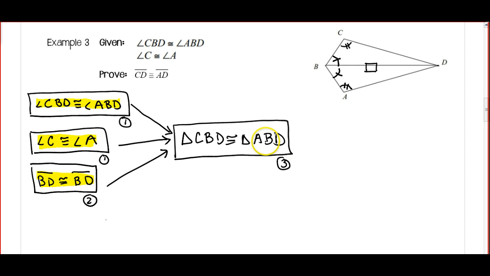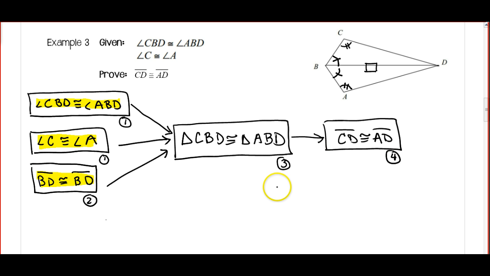And once I get these triangles congruent, I have 3 pair of parts already congruent. That means that the other 3 pair of parts now are also going to be congruent since the triangles are congruent. And CD and AD are another pair of those corresponding parts, so they will be congruent as well. So that's step 4. So now to make our list of reasons, number 1 was given.